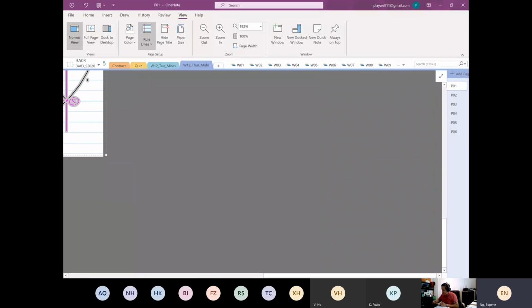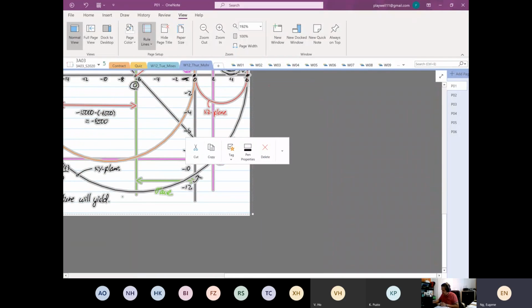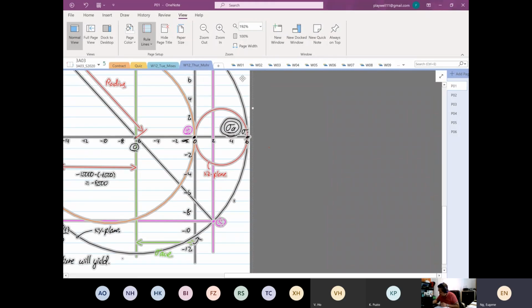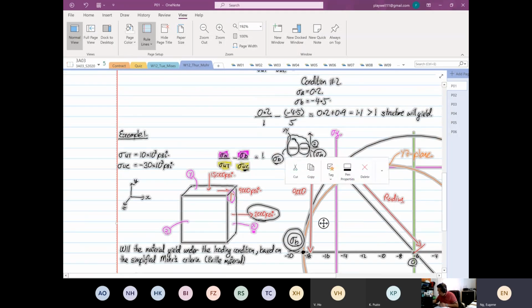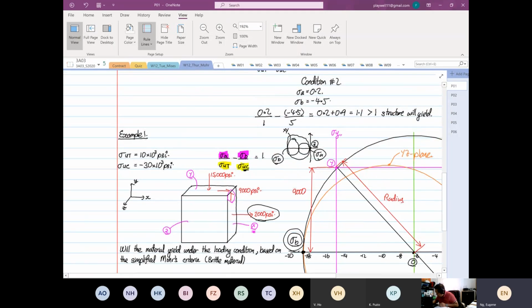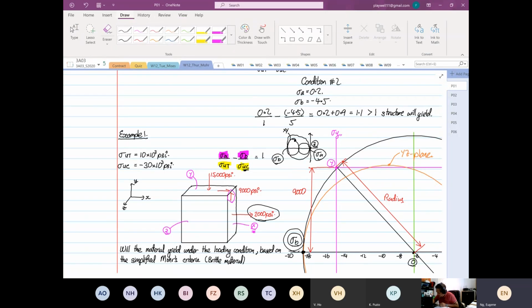Because we look at stress Z, point Z over here is within the circle already. Whereas the other one that I've just sketched, the XY plane is this circle that I'm going to highlight.